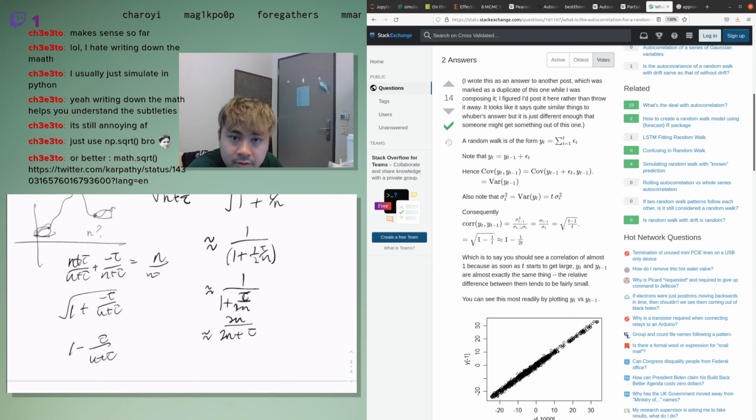Or better, math dot square root. Again, I can't really view hyperlinks. Just use NP square. Yes. No, I'm just saying, yes, I'm trying to approximate it.